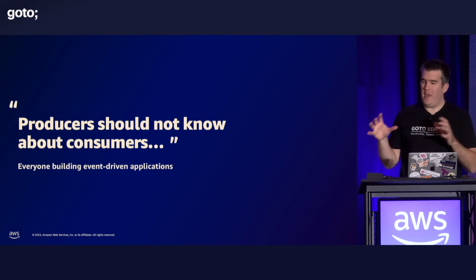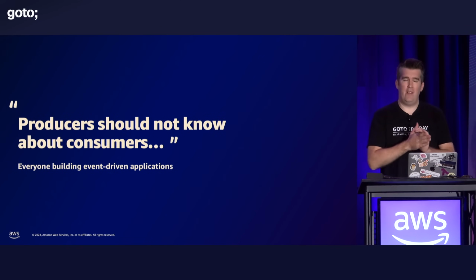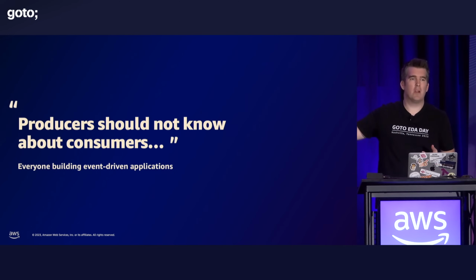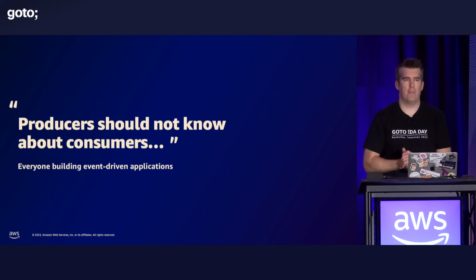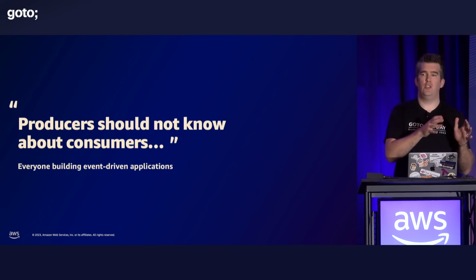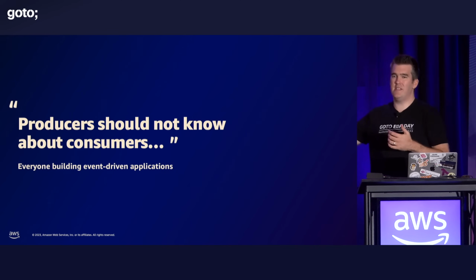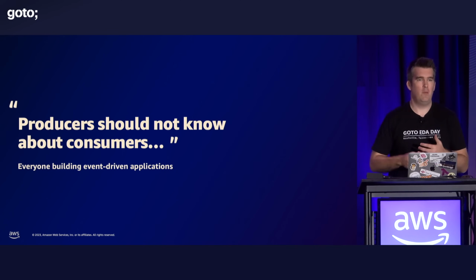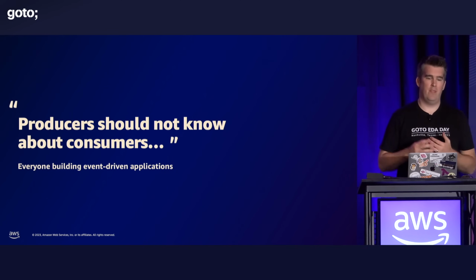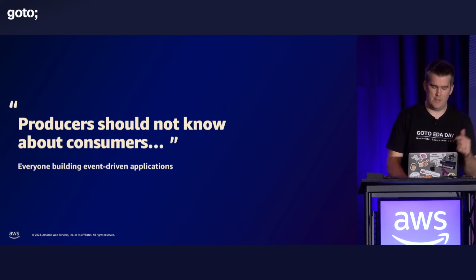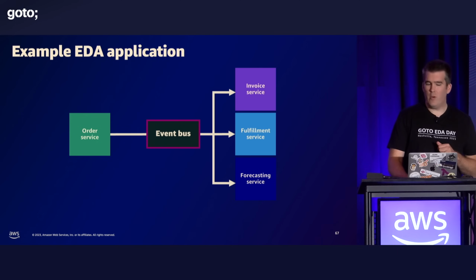If you've read a lot about event-driven solutions, you'll see this term come up over and over again. Okay? That producers should not know about consumers. And for me, this is the fundamental problem when we're talking about operational maintenance. This sentence. Let's have a quick look at an example.